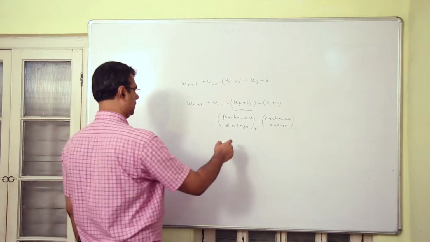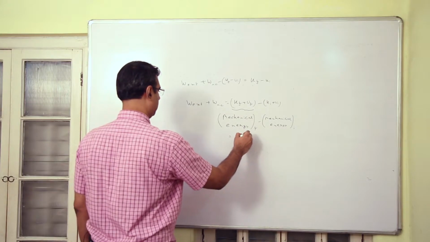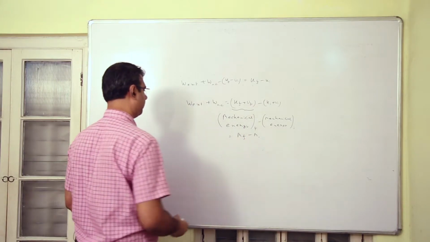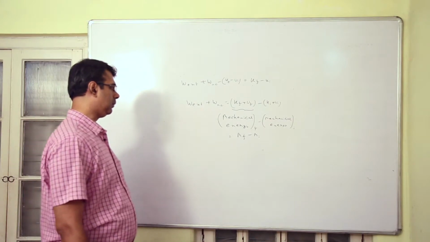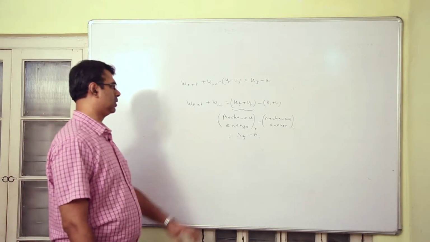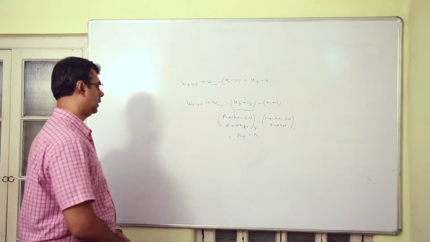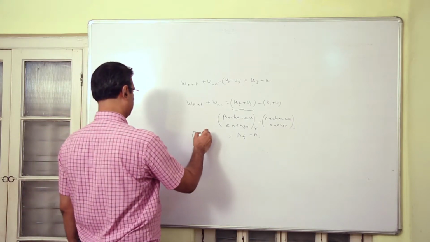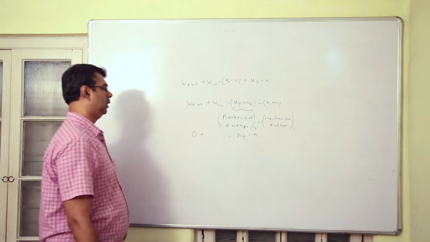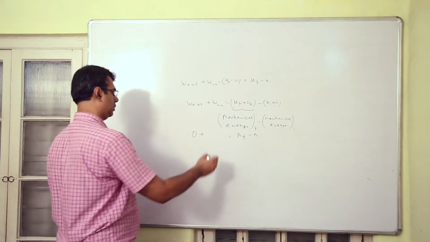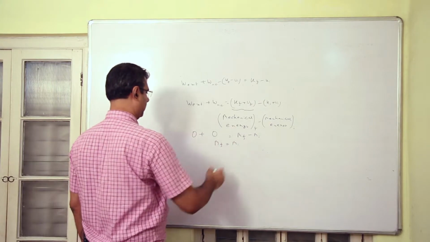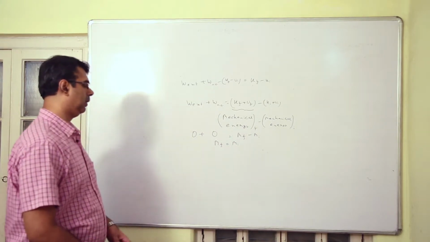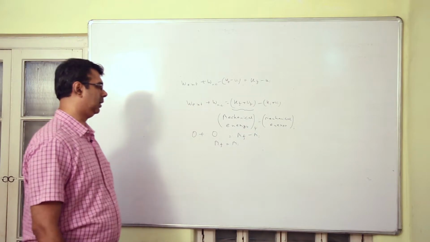Suppose I call this MF minus MI. Now in a particular situation, let us say there are no external forces at all, so the work done by external forces will be zero. Let us say there are no non-conservative internal forces, so work done by them is zero. So the final mechanical energy will be equal to the initial mechanical energy.